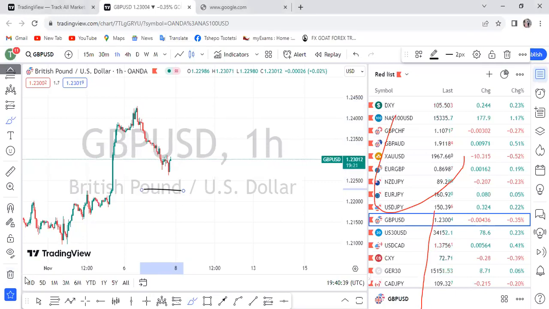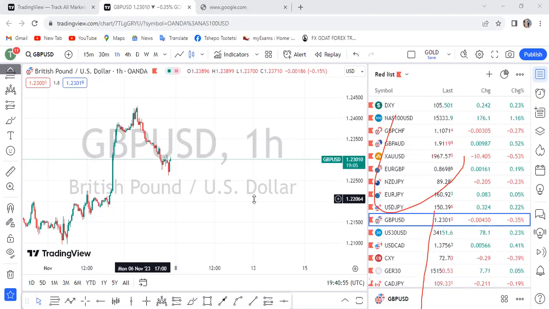Then I know it's confirmed. And also you must look for a candlestick pattern. You need to look for an engulfing pattern.